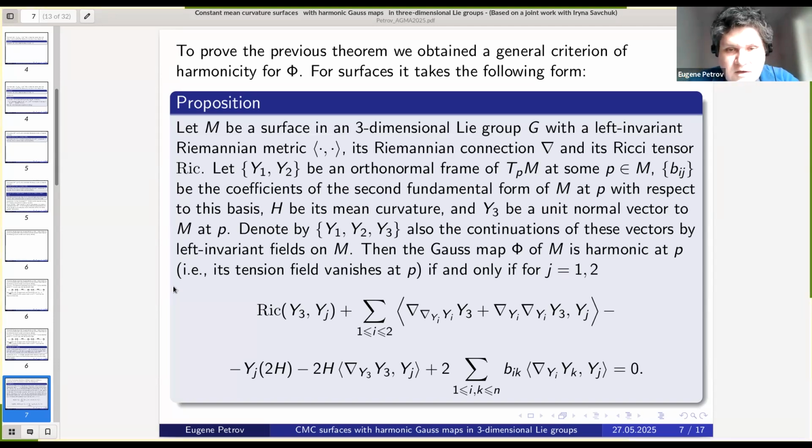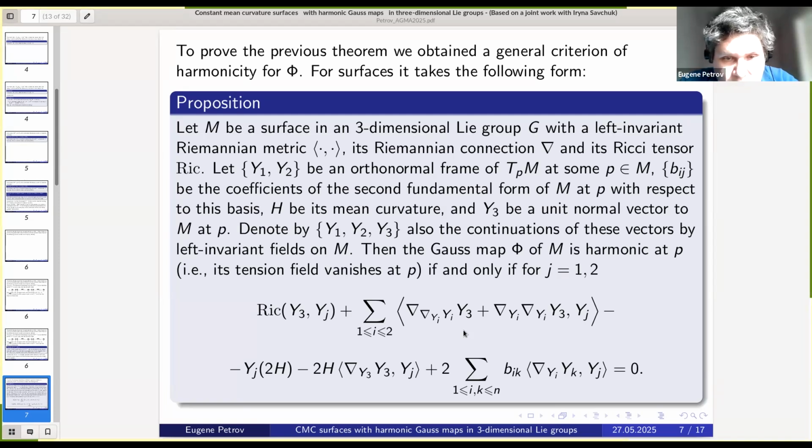So here are the covariant derivatives in the sense of the Lie group. So we have the next criterion: the Gauss map is harmonic at P, in the sense that the tension field vanishes at P, if and only if the following conditions for j equals 1 and 2 hold.